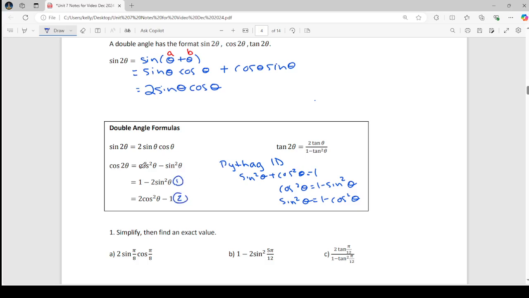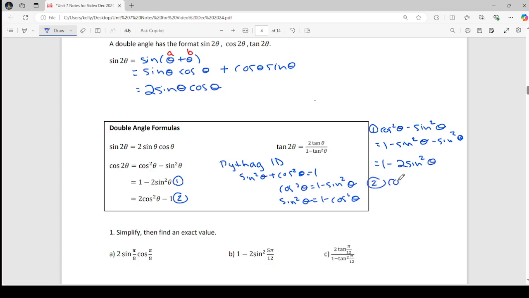So let's rearrange cos squared minus sine squared to get 1 minus 2 sine squared. So cos squared minus sine squared. We want just sine, so I'm going to replace the cos squared with 1 minus sine squared theta, minus sine squared theta, and that is 1 minus 2 sine squared theta.